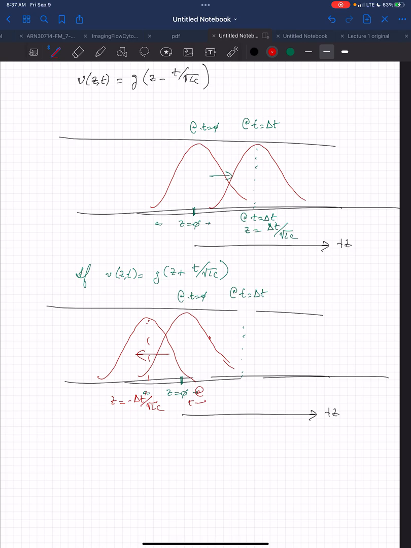So both of those are possibilities in a transmission line. My waveforms can go in the positive direction, away from the source that launched them, or they could be coming back towards the source.